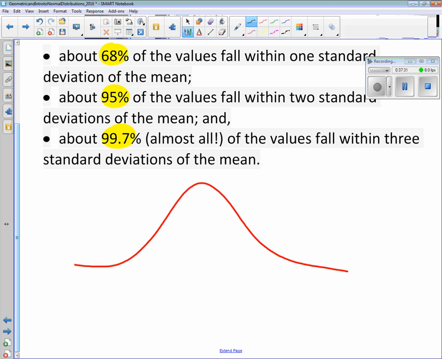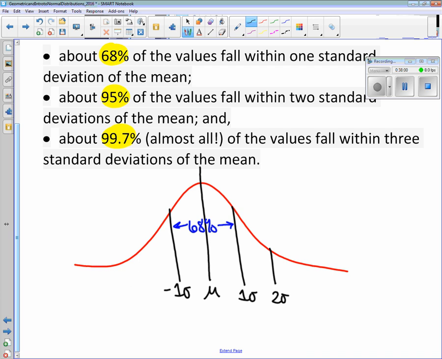So what I mean is this. If I have a mean, and one standard deviation on either side, where I add one standard deviation or I subtract one standard deviation, 68% of the data will lie here. That's what that says. If I go 2 standard deviations above, or 2 standard deviations below, now I'm at 95% of the data.